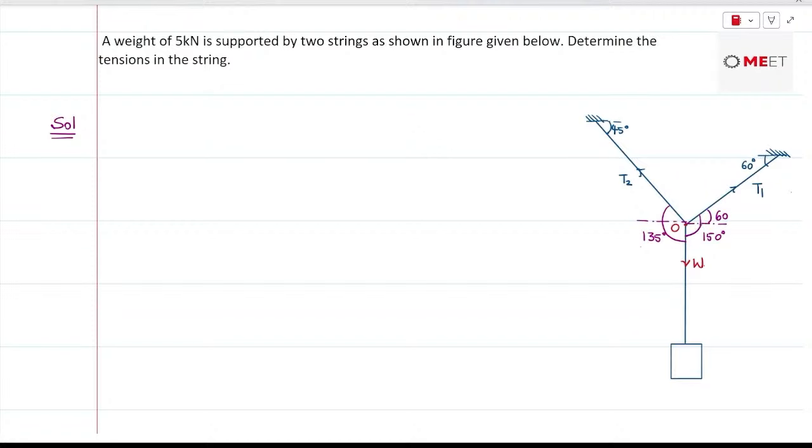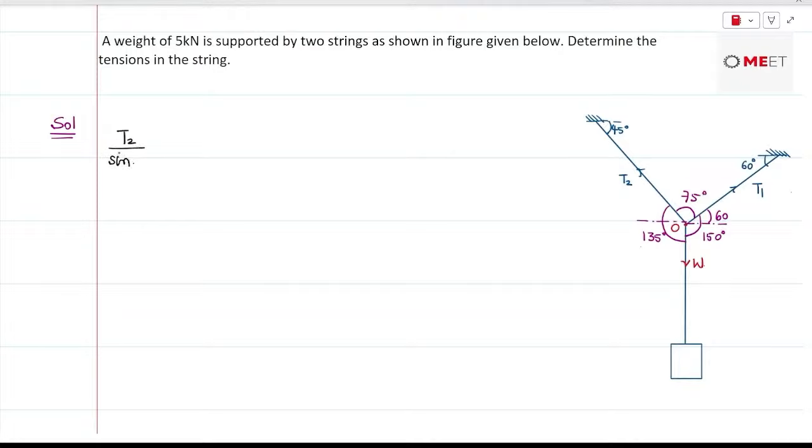So 135 plus 150 is equal to 285, and 360 minus 285, that is 75, would be the angle included between T1 and T2.